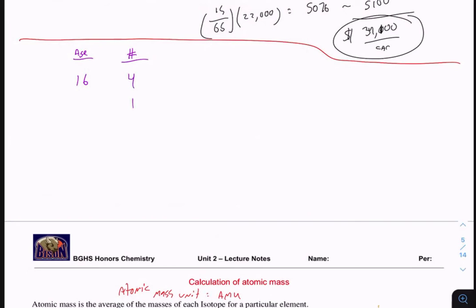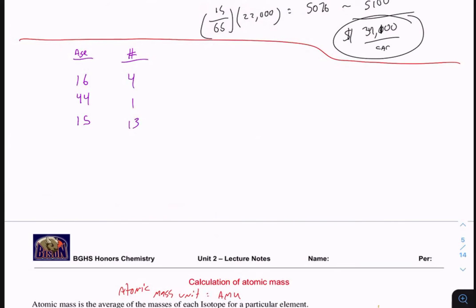There's one person in this room who is 44 years old. And then there's the rest of you who are 15, so let's count up how many there are. Okay, so there's 23 people who are 15 years old. I want to know the average age of the person in this room. And this is our raw data.